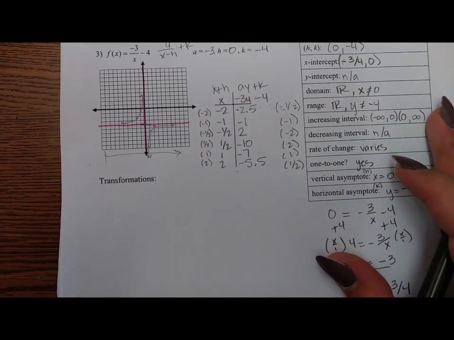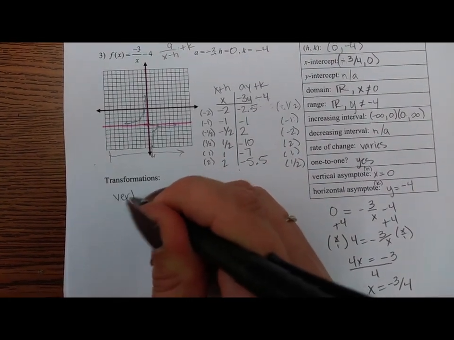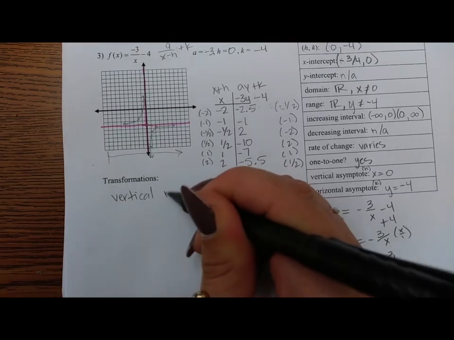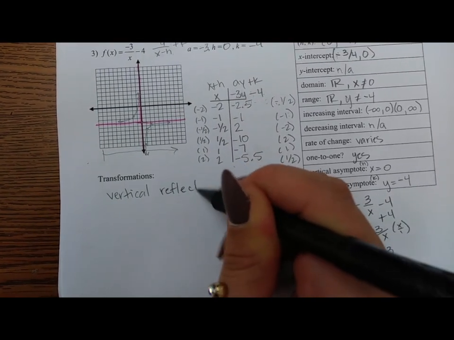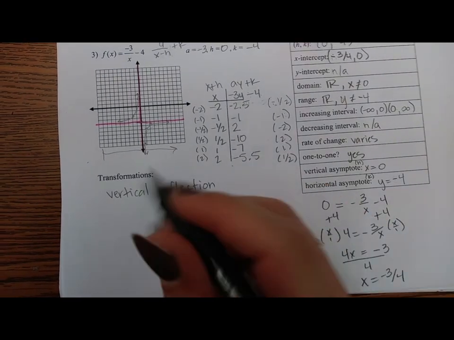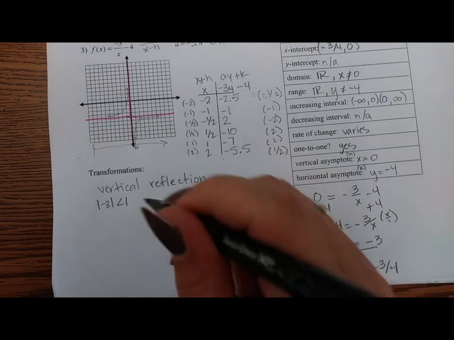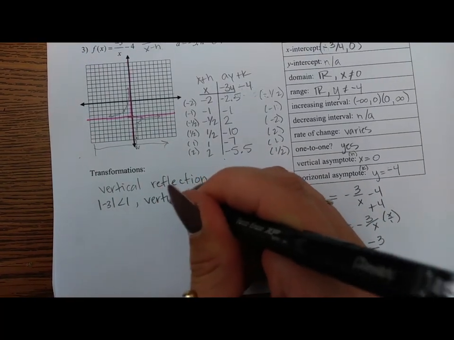Our transformations here, looking at our a, h, and k, we have a vertical reflection because we have -3, so our a value is negative.